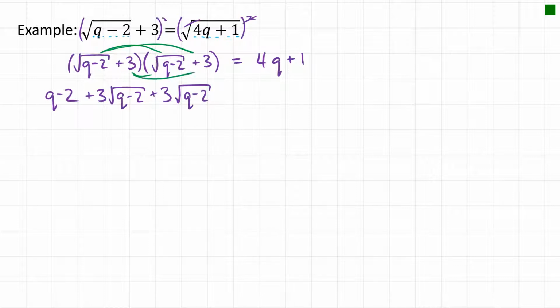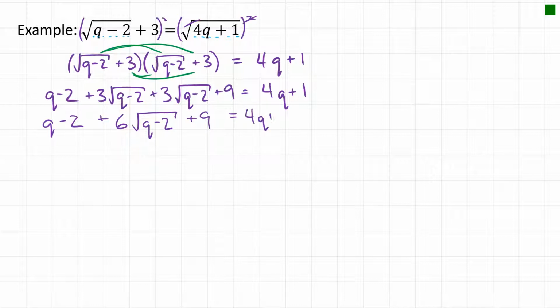And last, plus 9 is equal to 4q plus 1. And simplifying this left-hand side, 3 plus 3 is 6, square root of q minus 2. Plus 9 equals 4q plus 1.